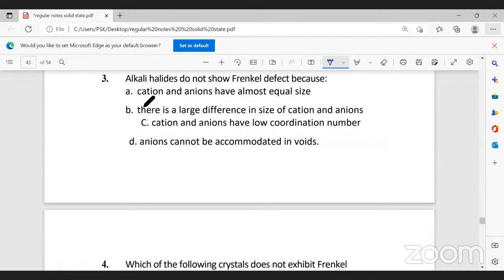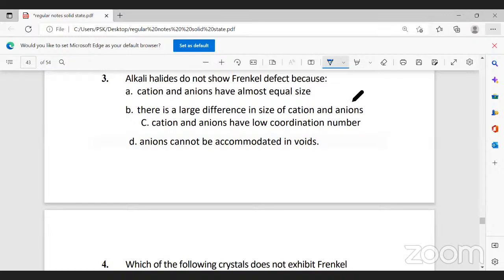The next question. Alkali halides do not show Frenkel defect because cation and anions have almost equal size; there is a large difference in size of cation and anion; or cation and anion have low coordination number and ion cannot be accommodated in the voids.